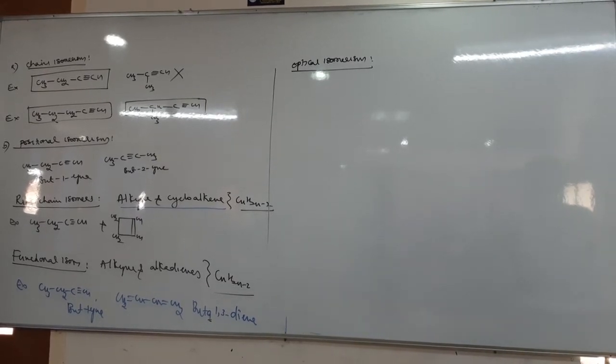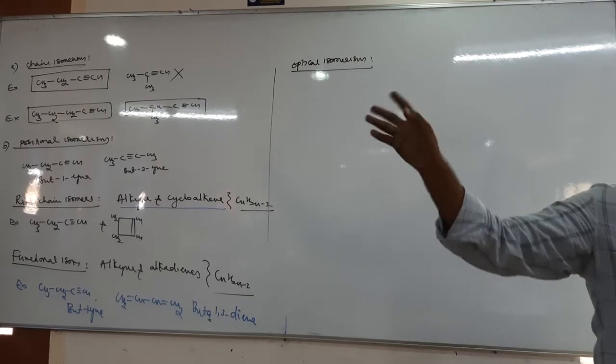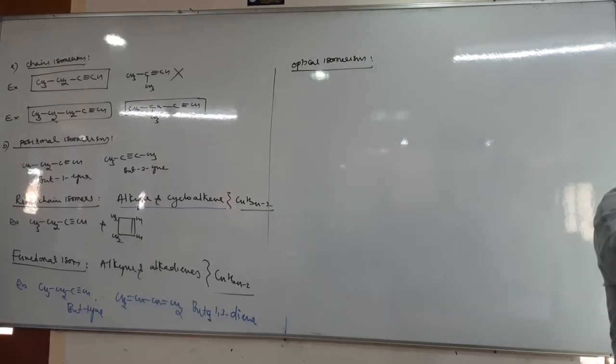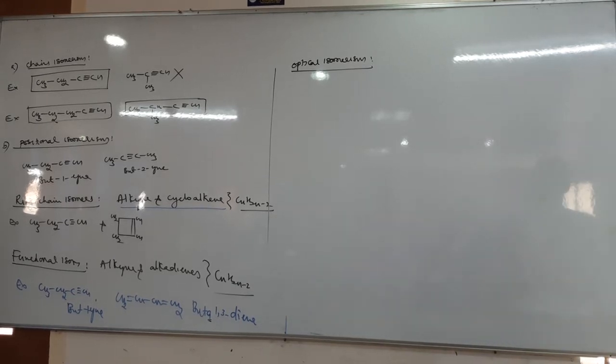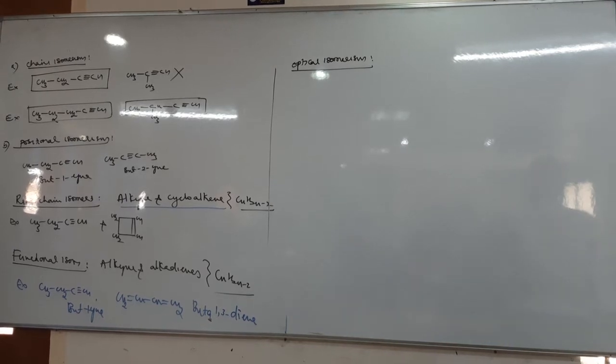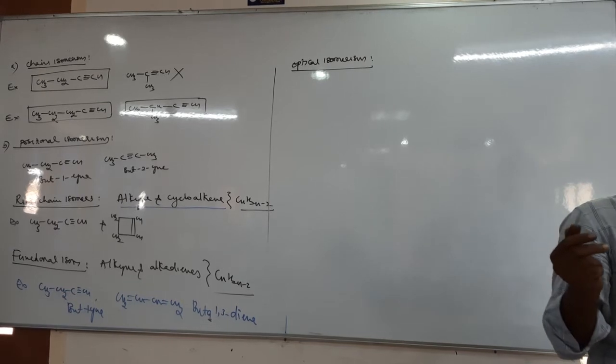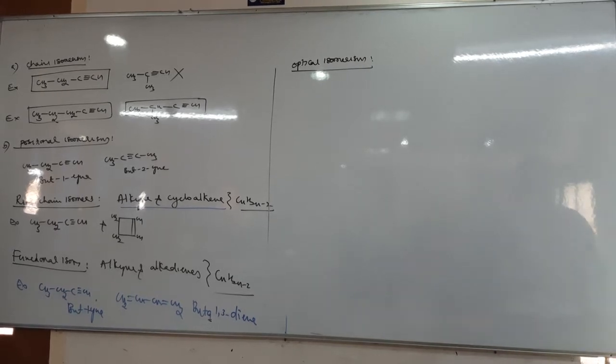If there is a plane of symmetry, we need not see the other two elements of symmetry; it is optically inactive. Therefore, majority of questions involve one chiral carbon. Some molecules do not have a chiral carbon but are optically active, for example biphenyls, which we have studied, and cyclic dienes. That concept is different.